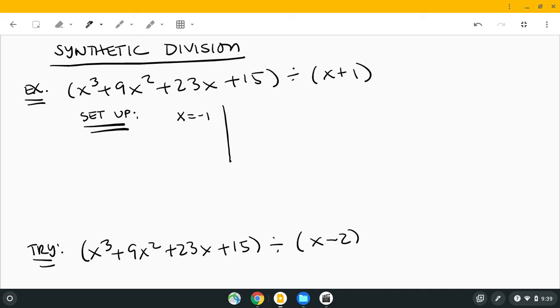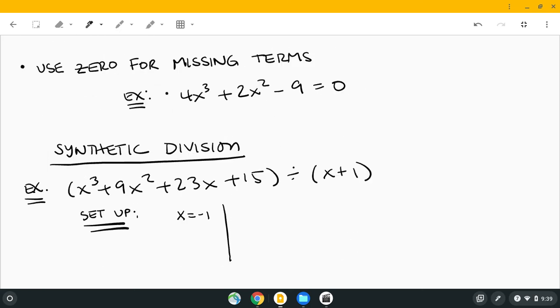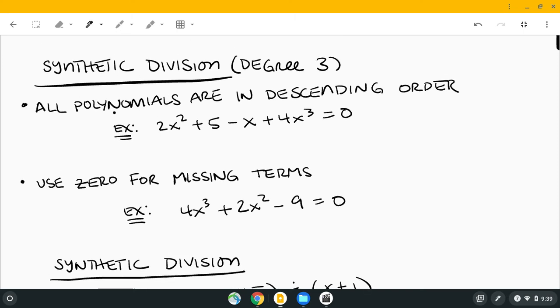One thing that's important, I skipped some parts: they have to be in descending order. If they're all scrambled up, then you have to put them in order. Let me show you an example up here. All the polynomials are in descending order. This one is not in descending order; it's all scrambled up.